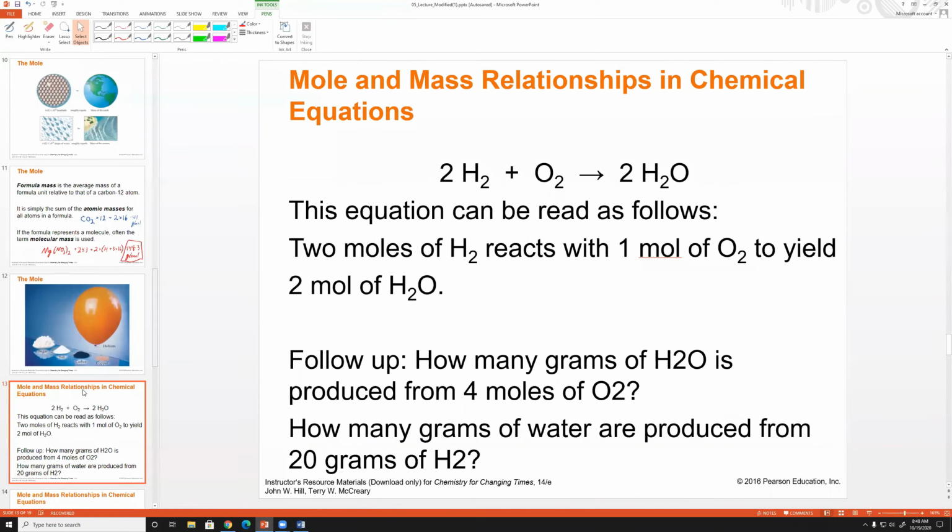Another way to think of chemical reactions: now we're going to try to tie in the mole to chemical reactions. We talked about chemical reactions first, then we talked about the mole. Now we're going to put the two together.